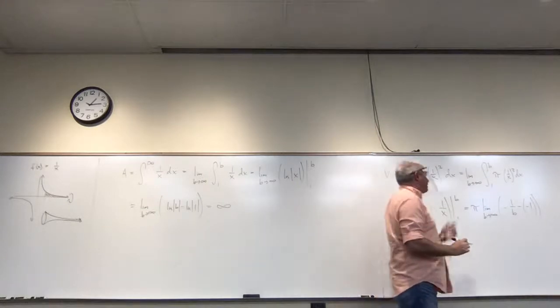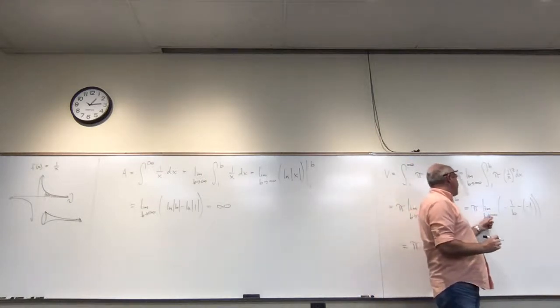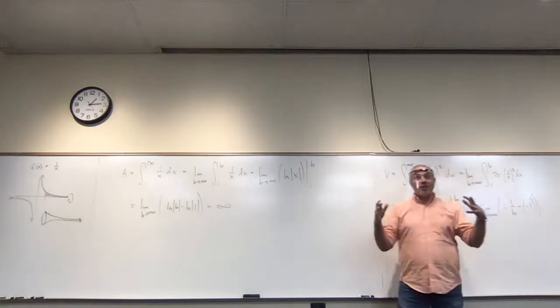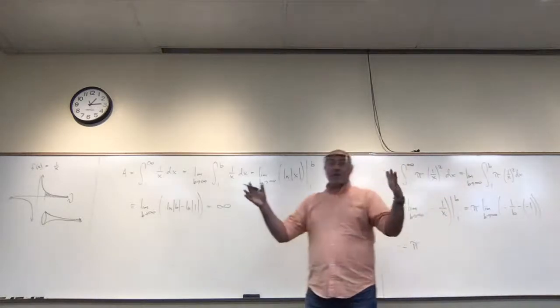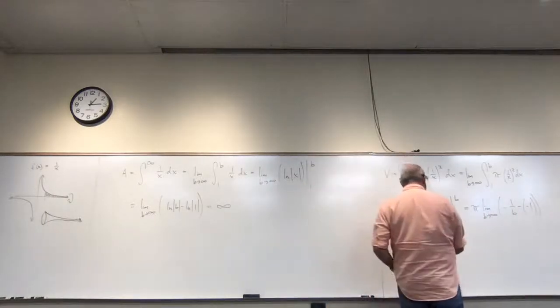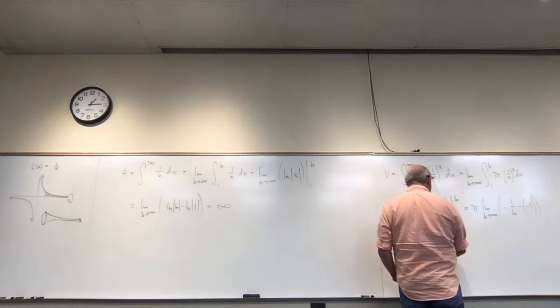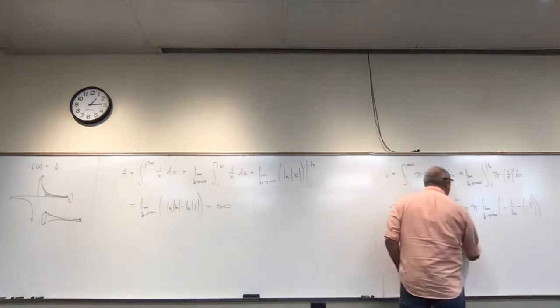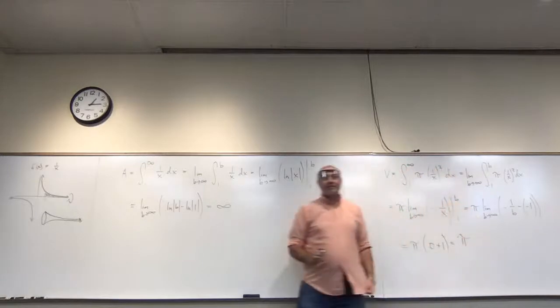And now I can take my limit. The limit as b goes to infinity, I get 1 over a very big number. 1 over a very big number is a very small number, so that's 0. So we get 0 plus 1. So I just get 1 times pi, or pi.